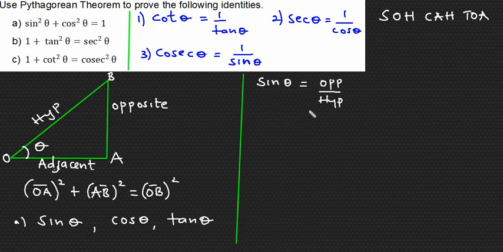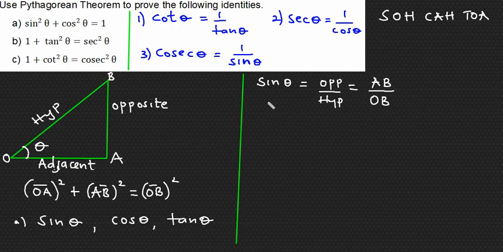So look at this. When you say sine theta is opposite over hypotenuse, meaning that this will be opposite. Our opposite here is AB, AB over hypotenuse, which is OB. So in other words, our OB is the hypotenuse, AB is the opposite.